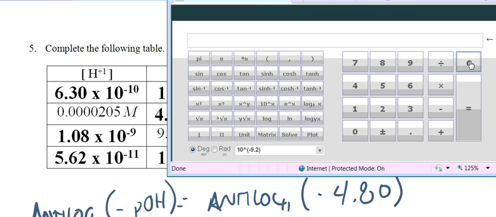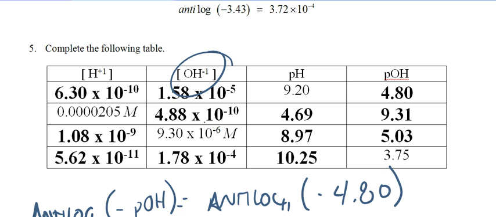Clear that. Again, negative 4.8, close it up, and then we get 1.58. That's 1, 2, 3, 4, 5. I hate that this doesn't have scientific notation. So 1.58 times 10 to the negative 5.